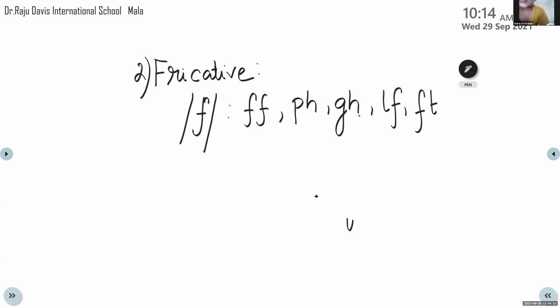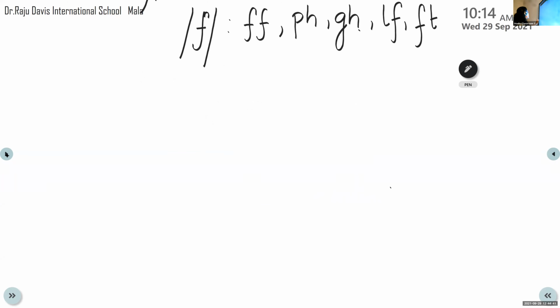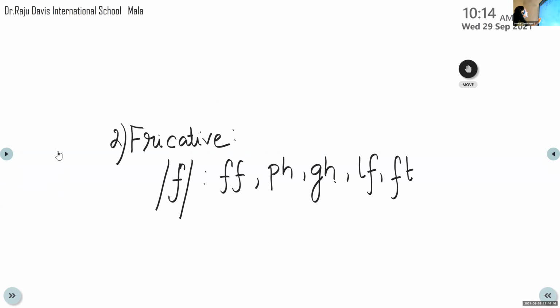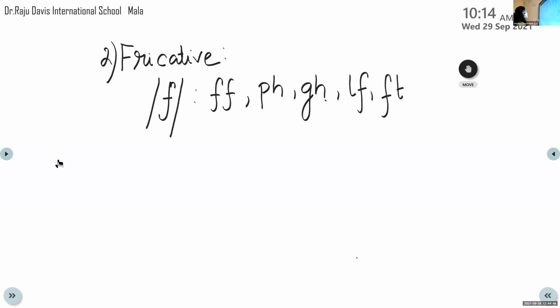Good, very good. So these are the alternatives that we have for the f sound. Okay, now we are going on to the next sound.